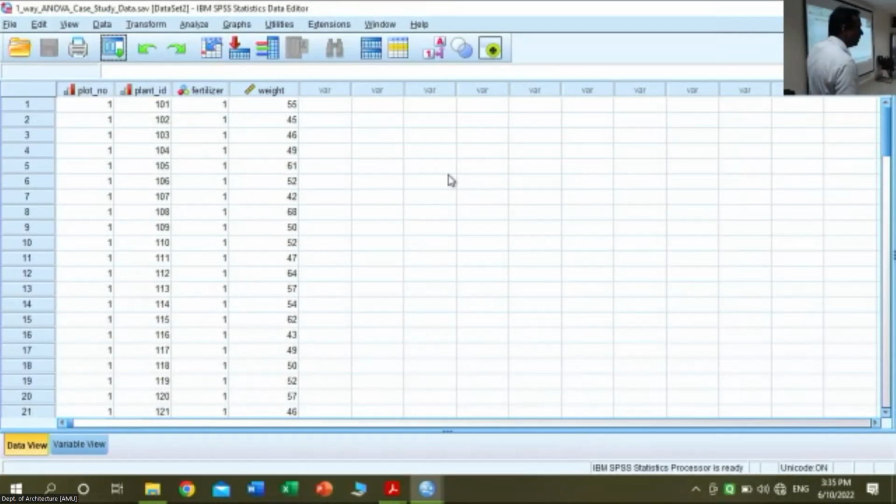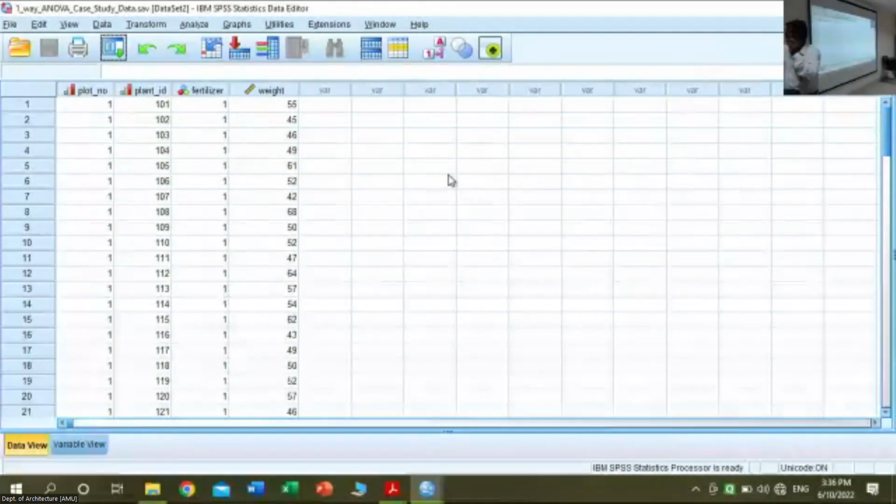Here we wrote the plot number. We defined the plot number and the plant ID. If the plant is in plot number 1, the first plant I have given plant ID 101, the second plant in plot number 1 is 102, like that. And fertilizer according to the plot number: in plot number 1, fertilizer number 1 is used, that is organic, biological and chemical. We can display this fertilizer type also.